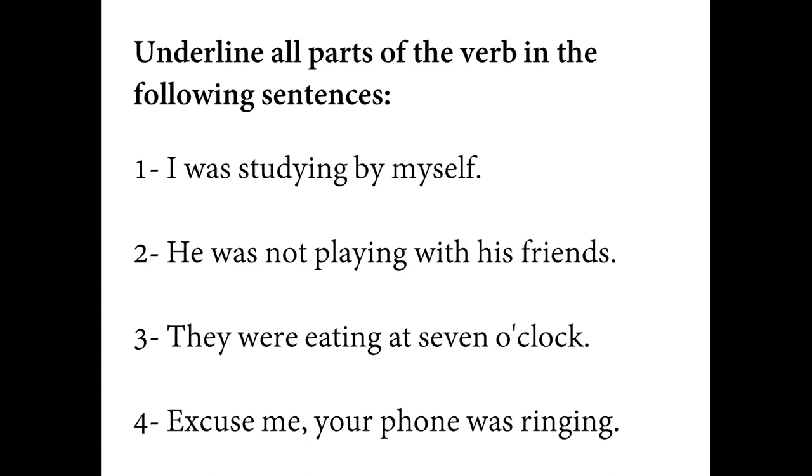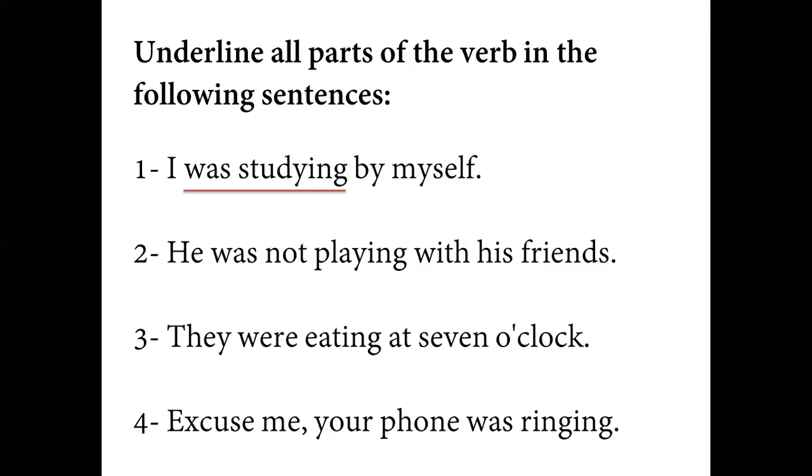What are all the parts of the verb? Yes, was studying. Exactly, very good. So please underline this one. Was studying. Thank you, Noor. Thank you, Salma. What about number 2? He was not playing with his friend. No, Omar, please.